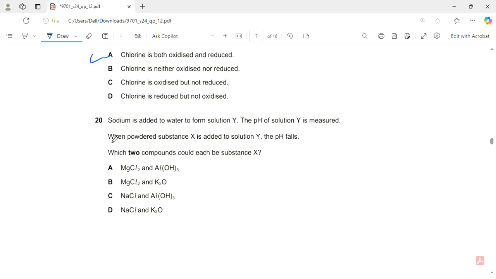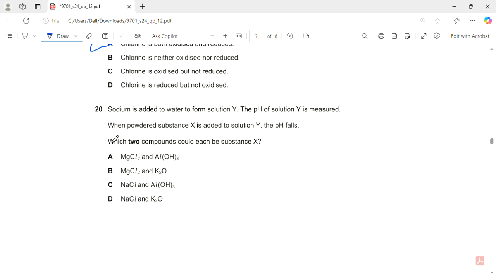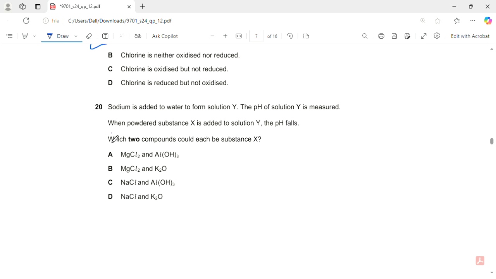So move to the next part. Sodium is added to water to form a solution Y. The pH of the solution Y is measured. When a powdered substance X is added to Y, the pH falls. Which two compounds could each be the substance X?